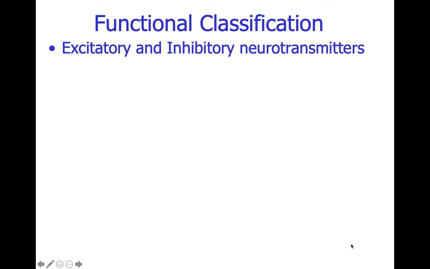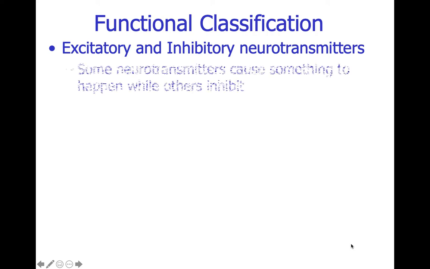The name in itself should be really clear for you to understand what these neurotransmitters are going to do. Some neurotransmitters cause something to happen. Those would be excitatory neurotransmitters, while others inhibit something from happening, cause it not to happen. Those would be inhibitory neurotransmitters.